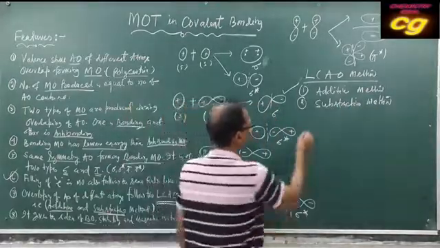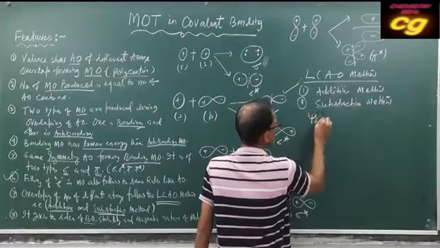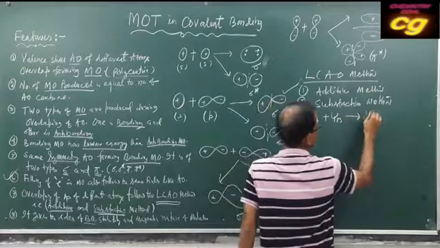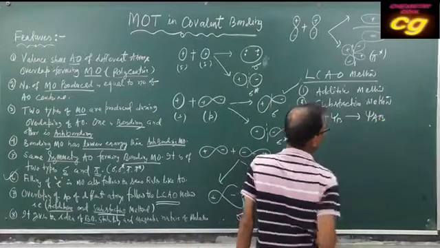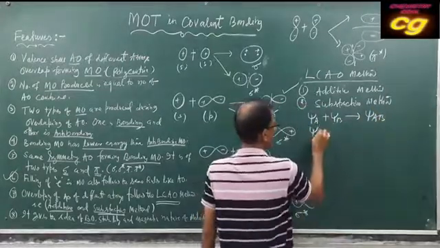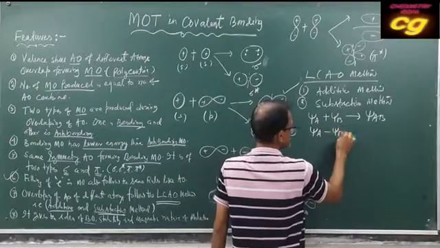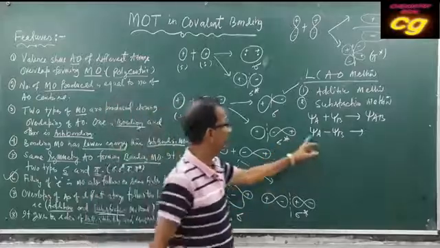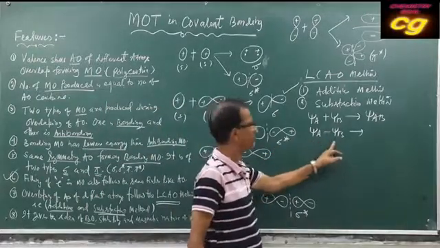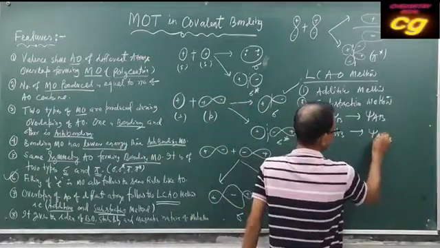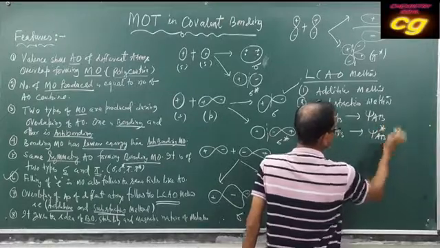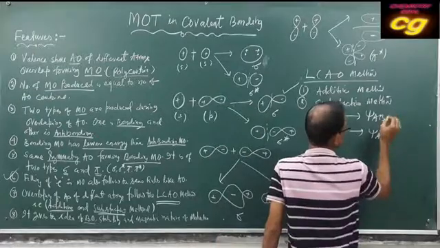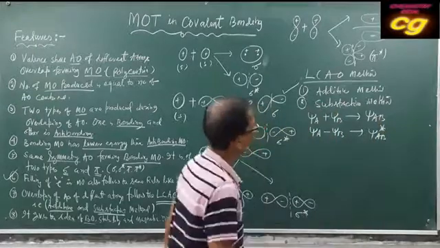For example, psi A mixed with psi B, that is the additive method, forms psi AB bonding, where psi A and psi B are the atomic orbitals. The minus sign indicates the subtractive method, which produces antibonding. You can say this is bonding, this is antibonding.